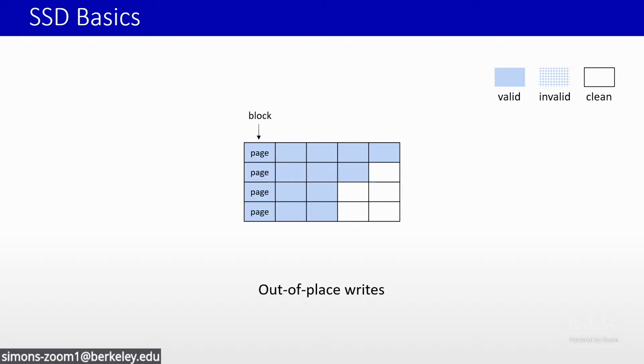Okay, the issue with SSD is that we have to do out-of-place writes. Now, what does that mean? Let's say a new page arrives. We write it into a clean slot, and now the old copy of that page is invalid.